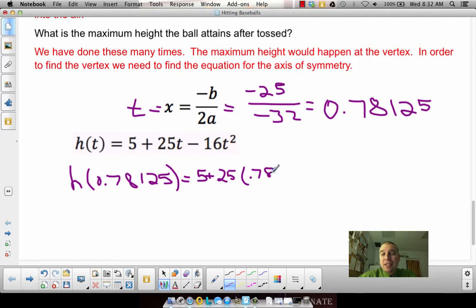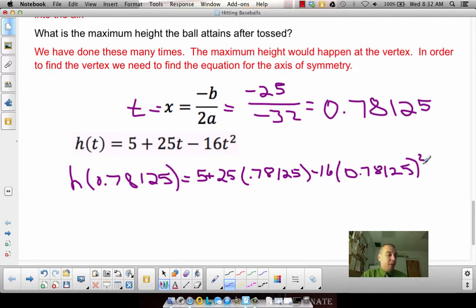Type it in just like this. The calculator will do the order of operations correctly for you.